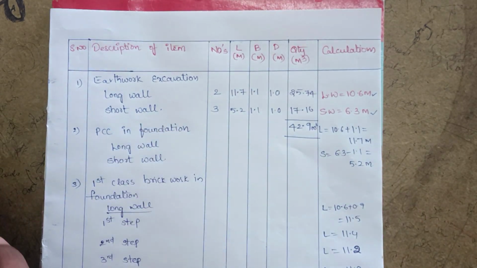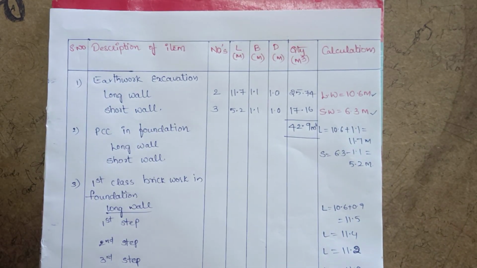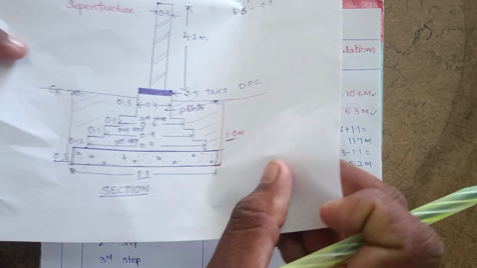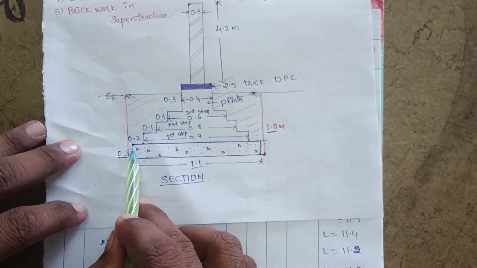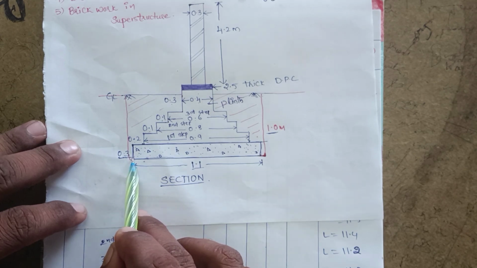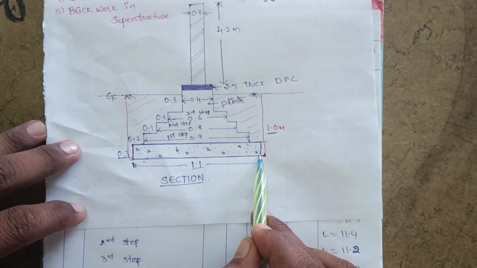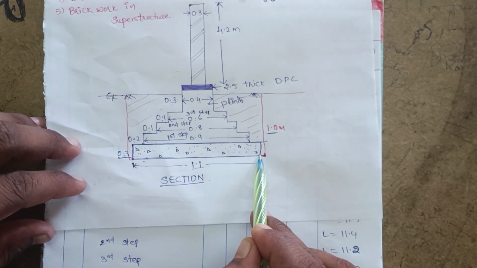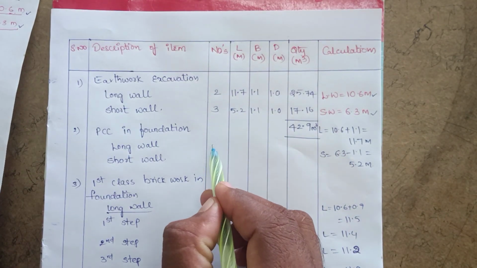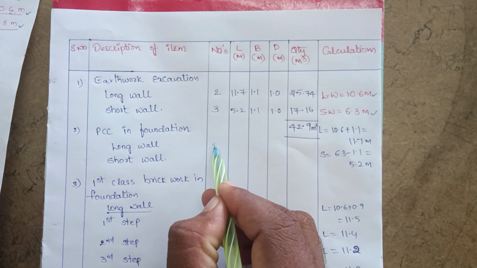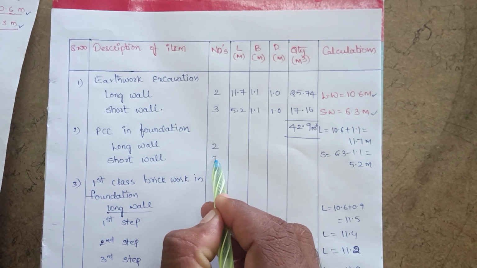We will move to the second one, which is PCC in foundation. You can see it clearly in the section. This is the depth of PCC and this is the width of the PCC, the same as earthwork excavation. Now, for calculating the PCC, we have 2 long walls and 3 short walls.